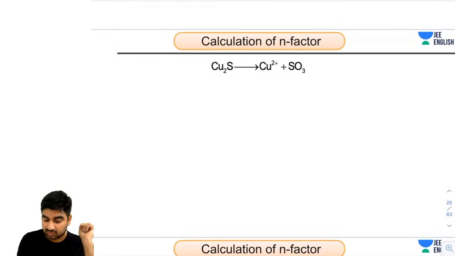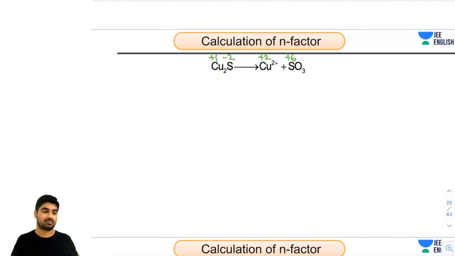So just write down the oxidation state of each element here. The copper you will have +1, and on the sulfur you will have -2. Again here you have +2, and on the sulfur you have +6, right?